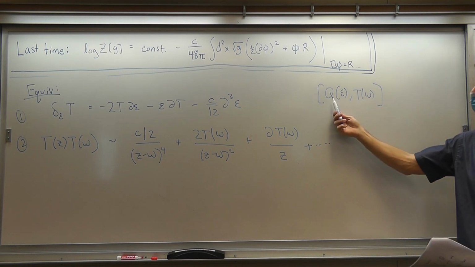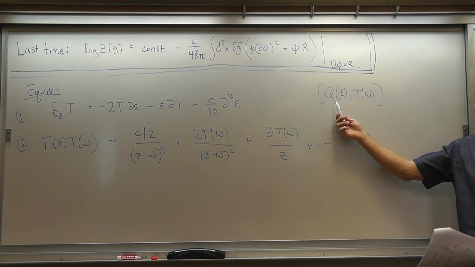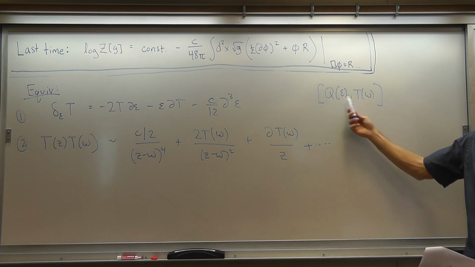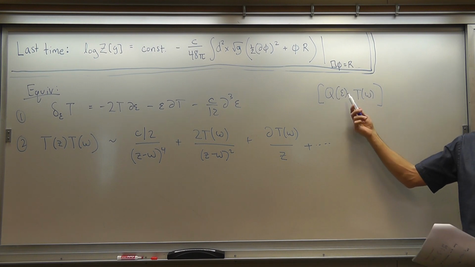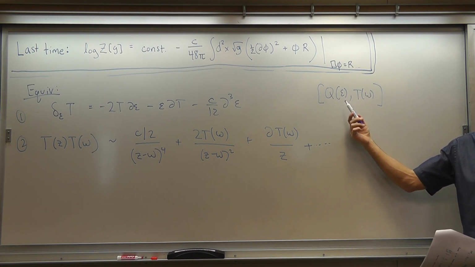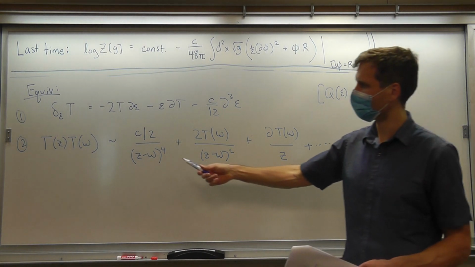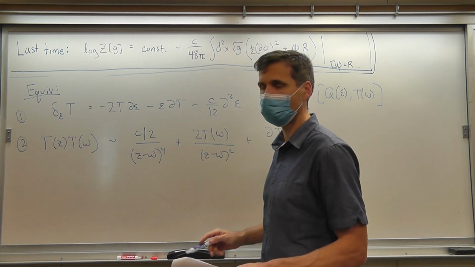And Q itself is made of an integral of the stress tensor. So when you do this integral, the non-zero contributions to the commutator will come from the singularities in the integral, and therefore from the short distance behavior of T with T.